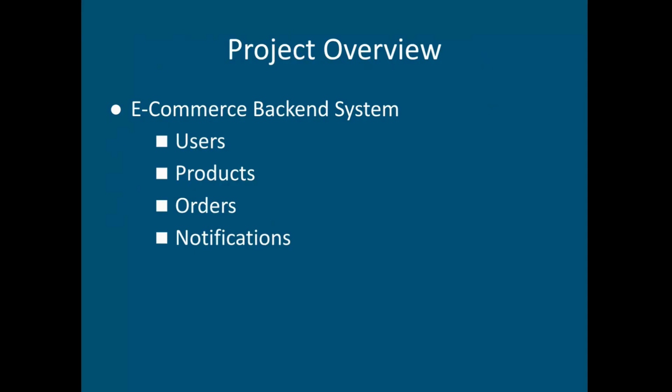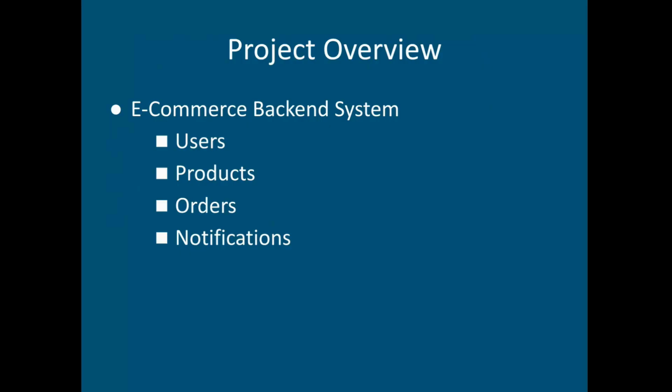So let's move over to the project overview. Here we will look at one example of an e-commerce backend system. We will build a complete backend system similar to a real world platform. Our main core modules are user services, where we can see user registration, login modules, roles modules and all.